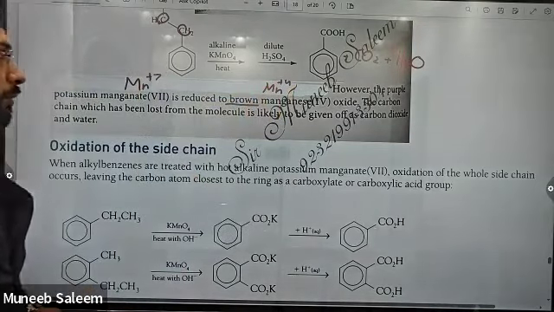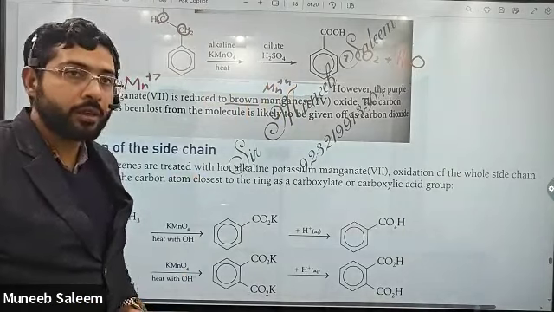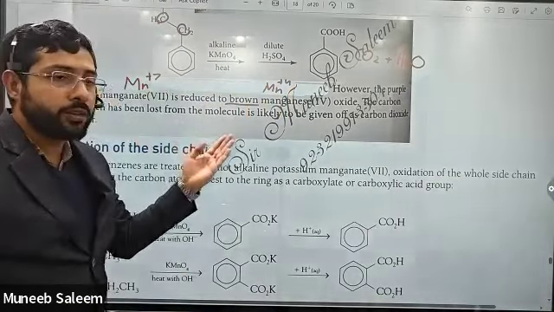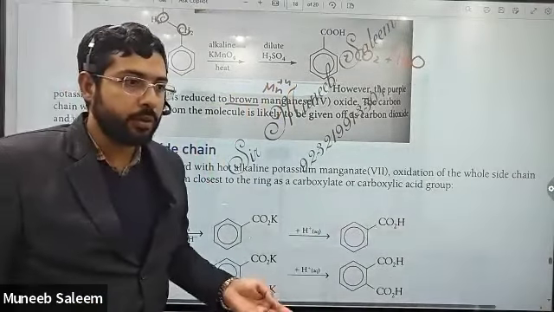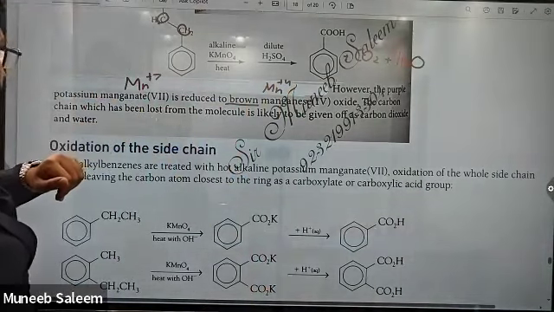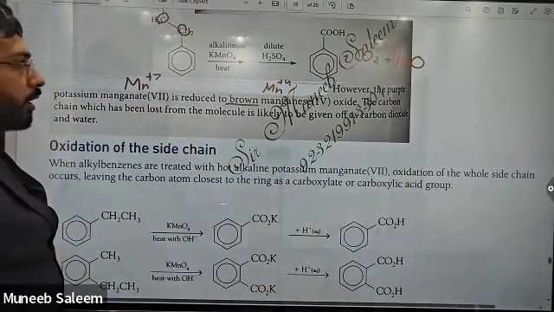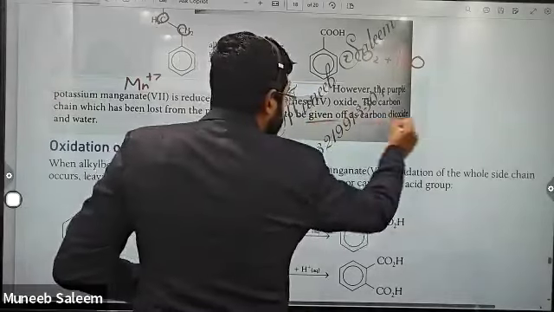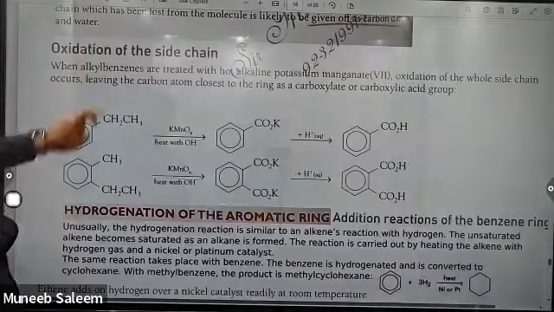In case of Mn plus 4, it is brown, and if you remember, Mn plus 2 was pink in color because it is a transition element. So transition elements can exhibit different colors in their different oxidation states. So that's the reason that we say it is forming a brown colored compound, and the other carbon atoms are removed in the form of carbon dioxide molecules along with water.